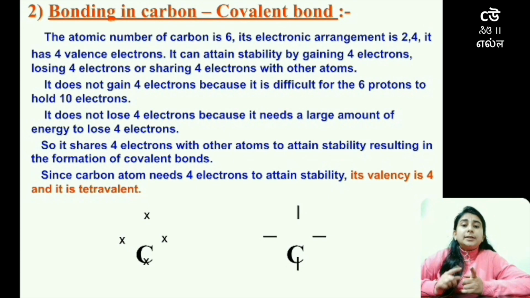So जो एटम लूज करेगा स्टूडेंट्स वो पॉजिटिव चार्ज एक्वायर करेगा and the one which will gain an electron will acquire a negative charge. And after that both of them will get attracted together by a very strong force of attraction and therefore results in the formation of ionic bond.